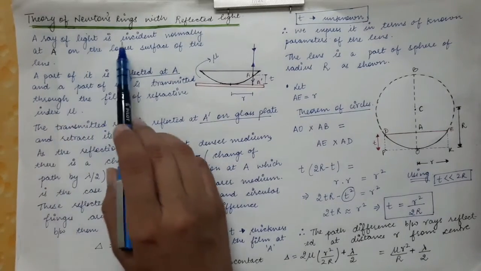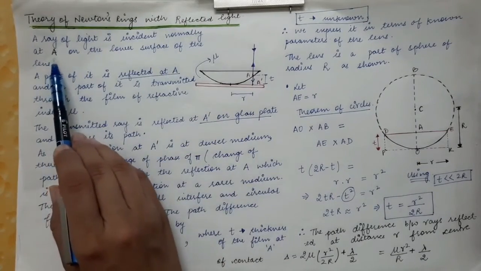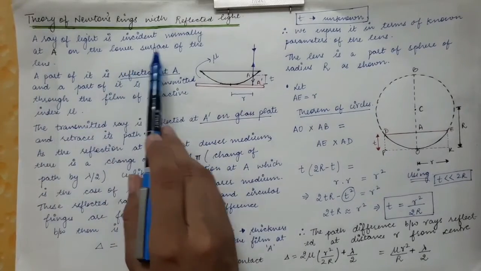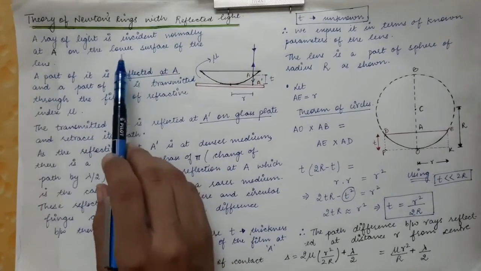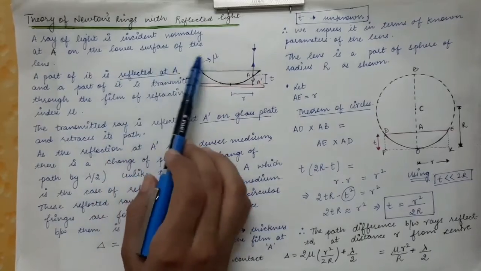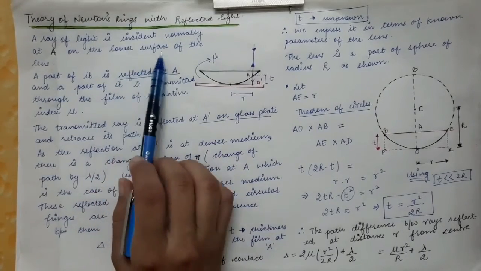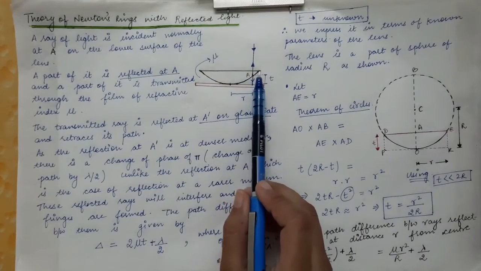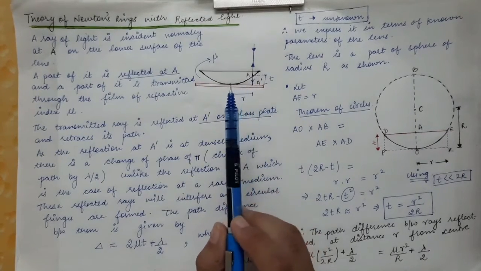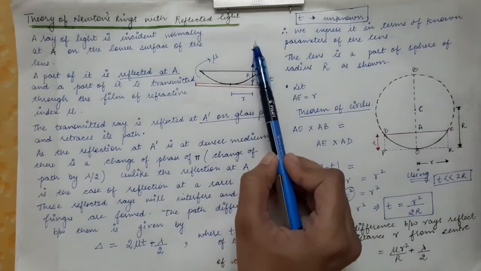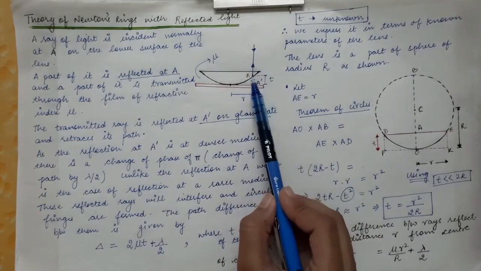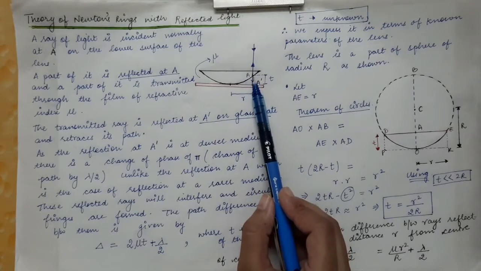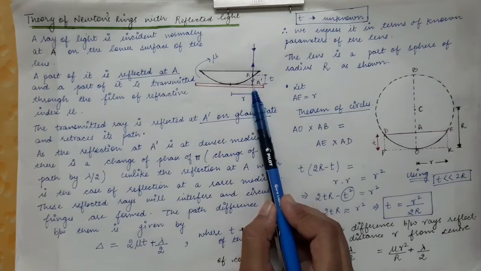A ray of light is incident normally at point A on the lower surface of the lens, or you can say the upper surface of the film. So the light ray is made to be incident normally. At point capital A it will get reflected and also it will get transmitted through the thin film.